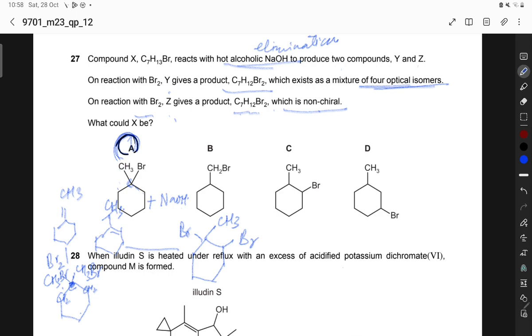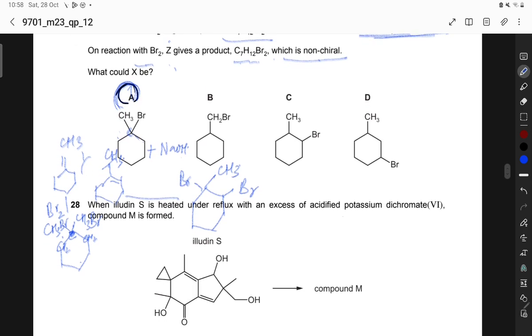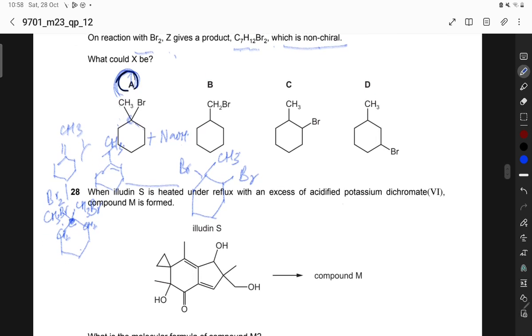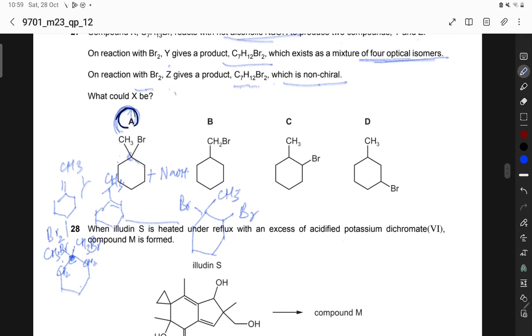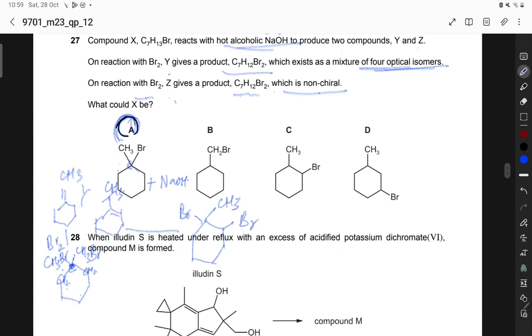On reaction with Br2, Y gives products which exist as a mixture of four optical isomers, and Z gives a product which is non-chiral.